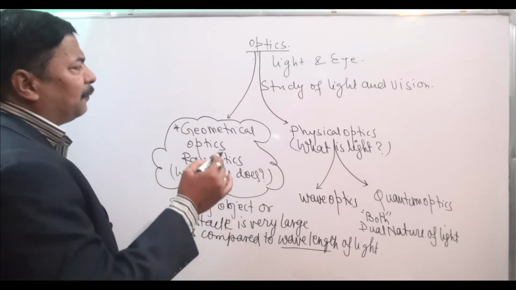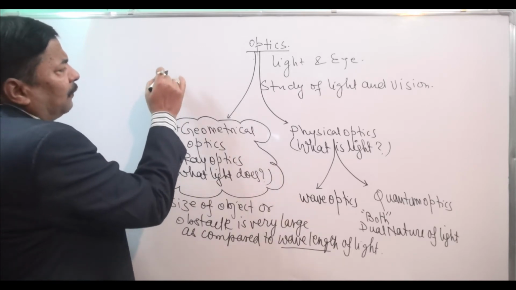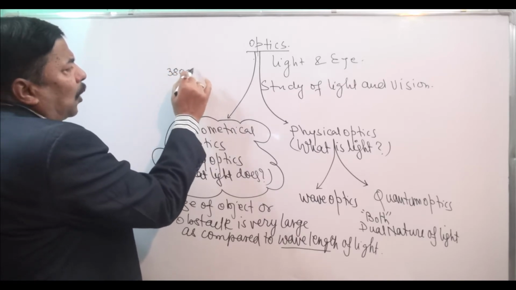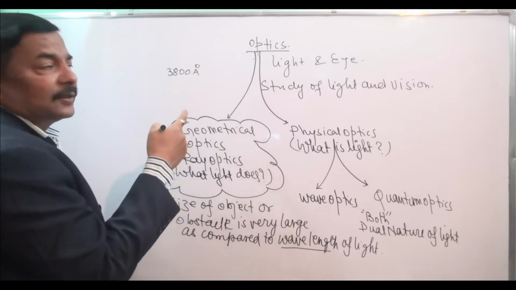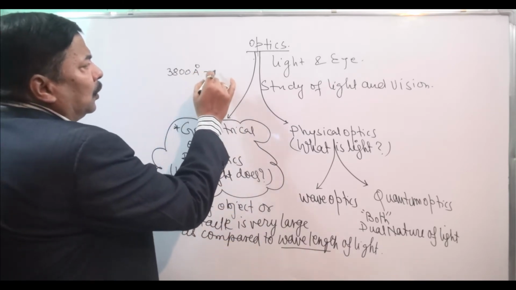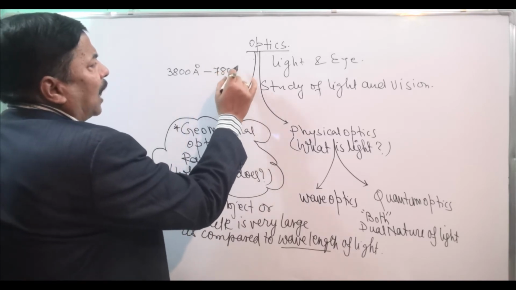In general, if we talk about the visible region, the wavelength is from 3800 angstrom, angstrom is the unit of length, 10 to the power minus 10 meter is 1 angstrom, to 7800 angstrom.